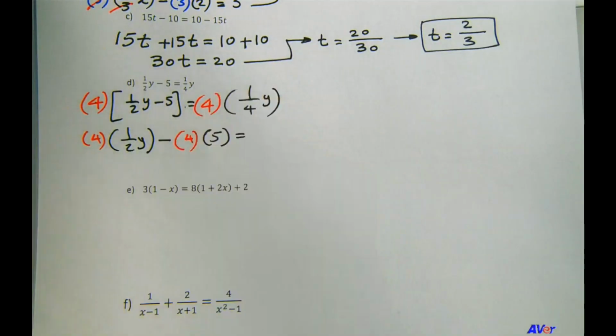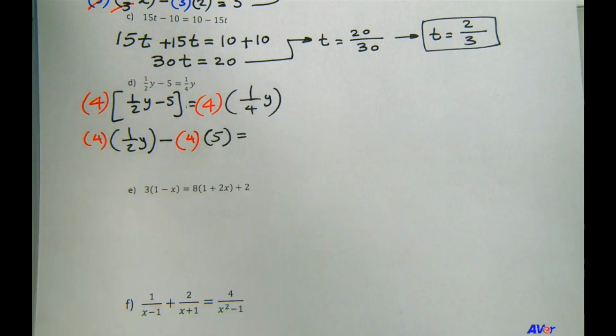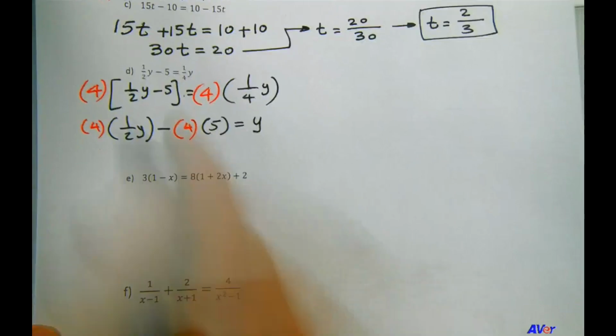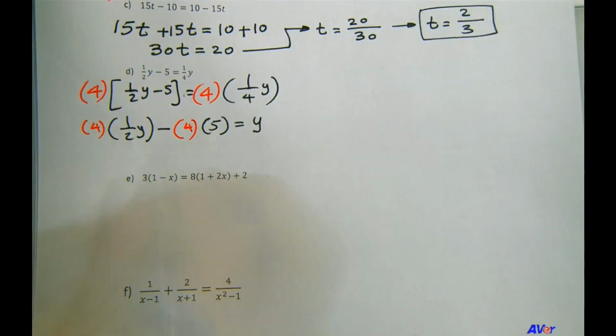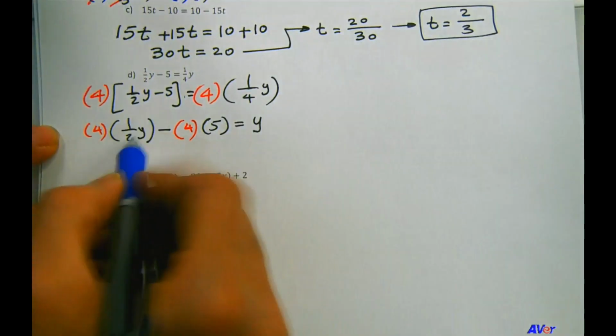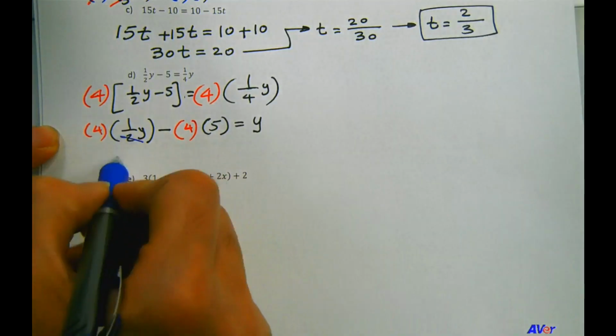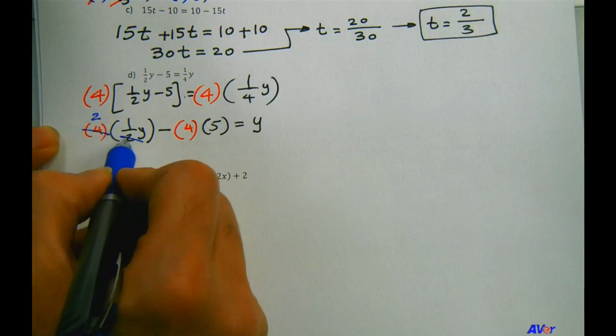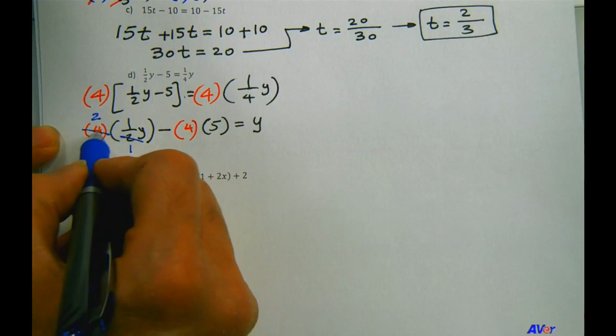So the 4 and the 4 cancel each other out, so we end up with y. Okay, so on the left, now let's cancel things that can be canceled. This 2 goes away, we end up with 1. This 4 goes away, we end up with 2, right? This 2 in the denominator is a factor of 4.